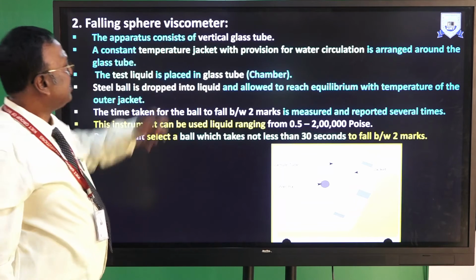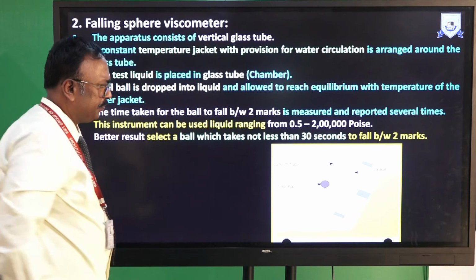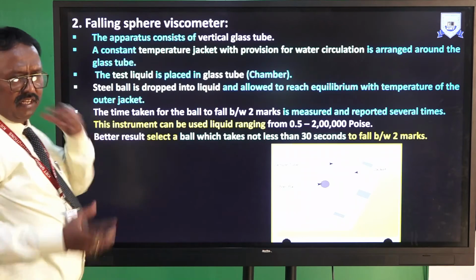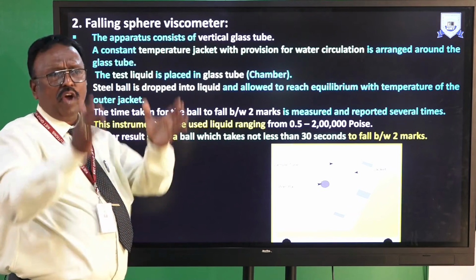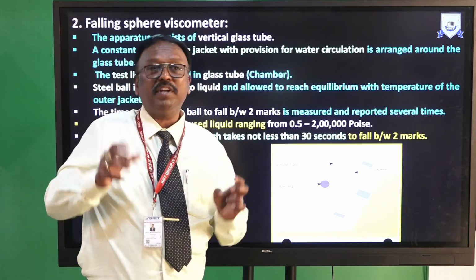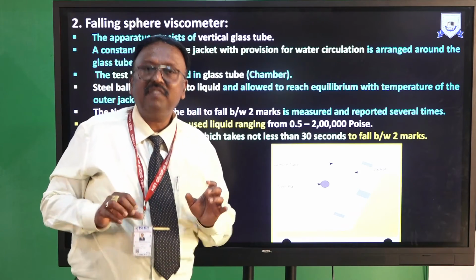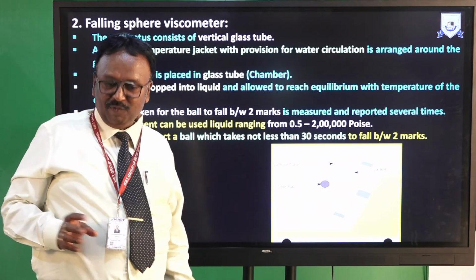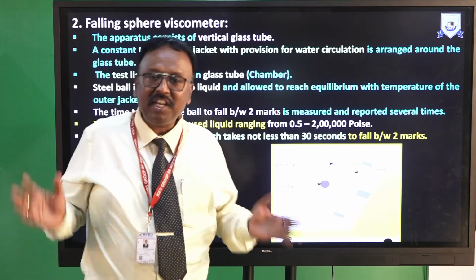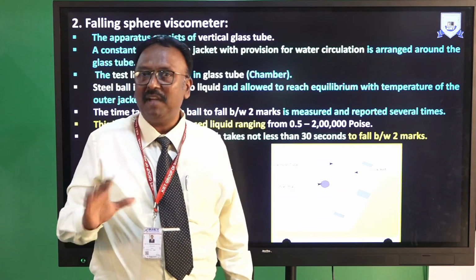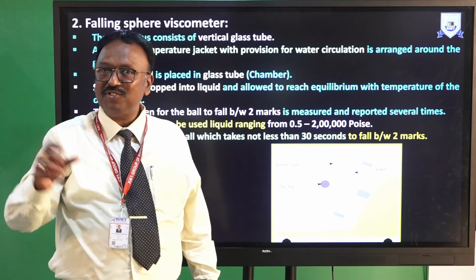Then the apparatus consists of a vertical tube. The constant temperature jacket is there so as to maintain the temperature. Why this constant temperature jacket? Suppose the temperature is not maintained, during your determination the temperature may increase or decrease. Suppose the temperature is increased, the viscosity is changed.